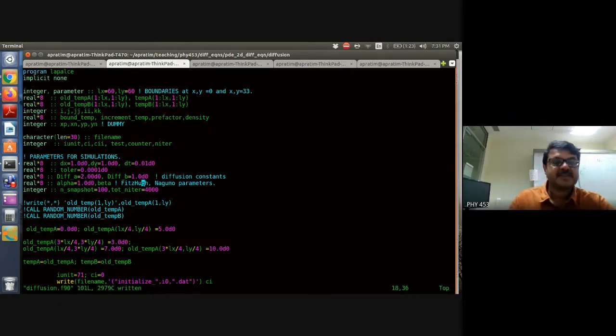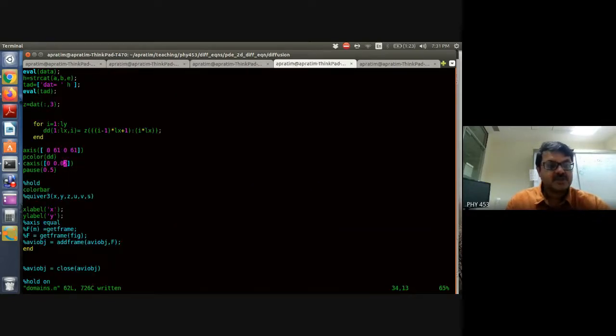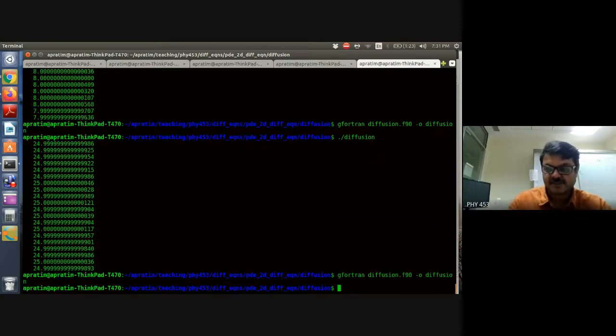So you're saving snapshots every 100 iterations. So you're having more snapshots over the same time. Why? Because we doubled the total number of iterations and decreased dt. The other thing that I'm going to do is also change the c-axis value. So ideally, you should be getting an identical picture, right? So let's see, except that it will be over a larger number of frames.